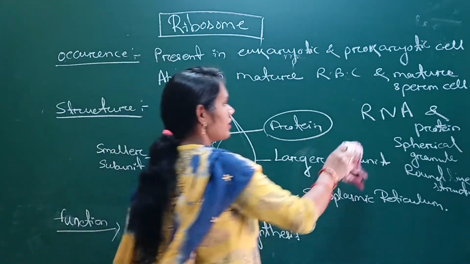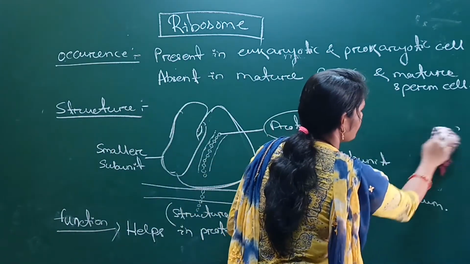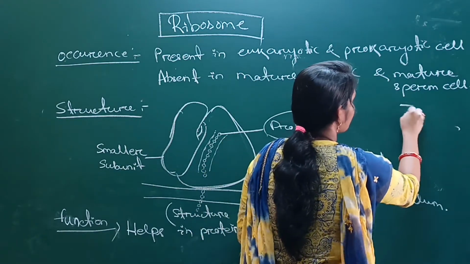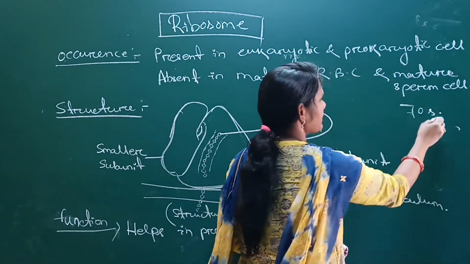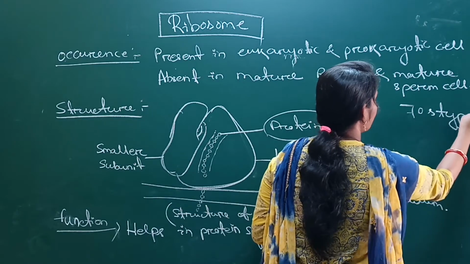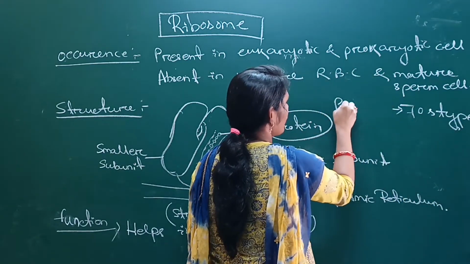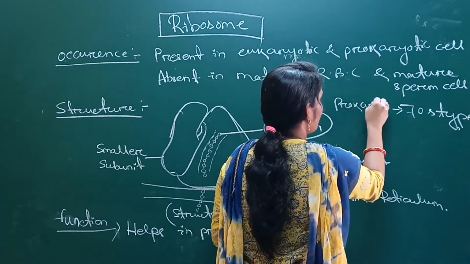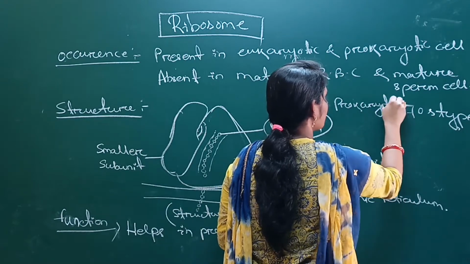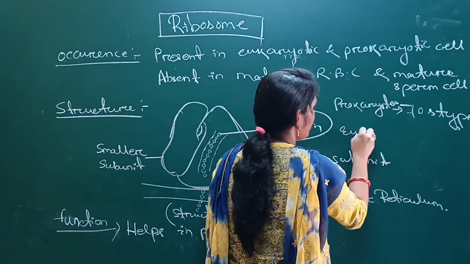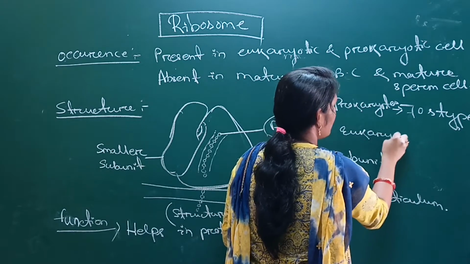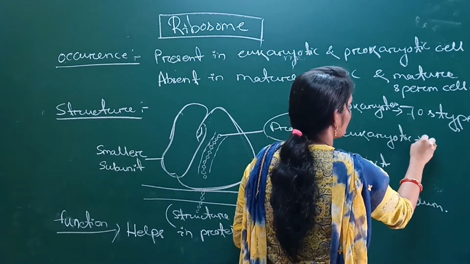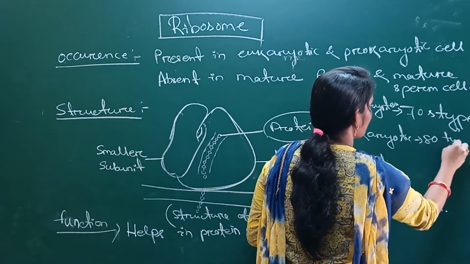In the prokaryotic cell, the ribosome is 70S type, and in the eukaryotic cell, the ribosome is 80S type.